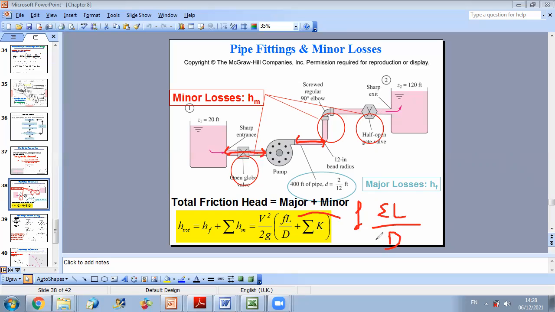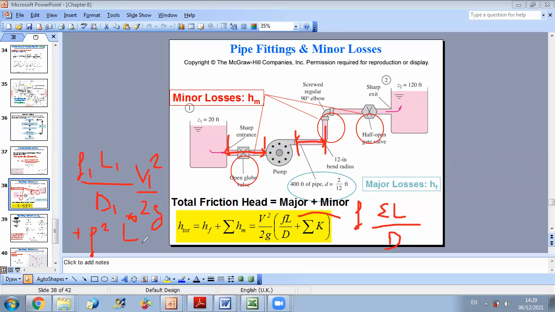Now, in case it's not, I should divide the system into several parts, and for each part, if you have, let's say, two parts of different characteristics, you do f1 L1 over D1 times V1 square over 2g, plus for the second part you do plus f2 times L2 over D2.